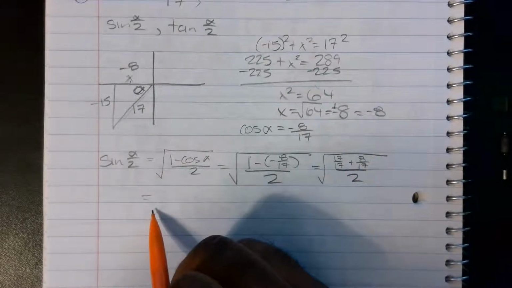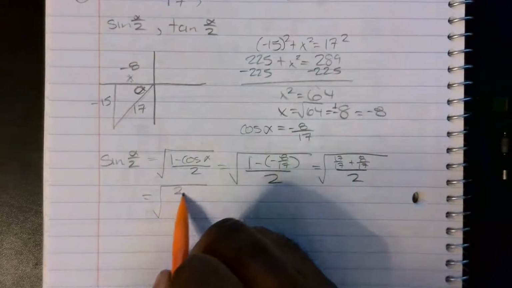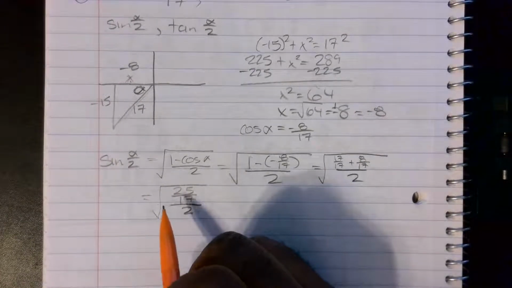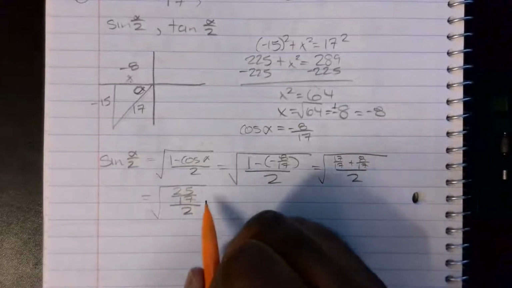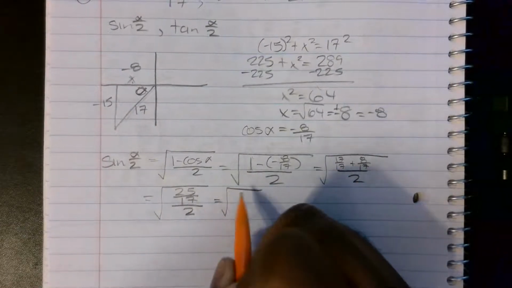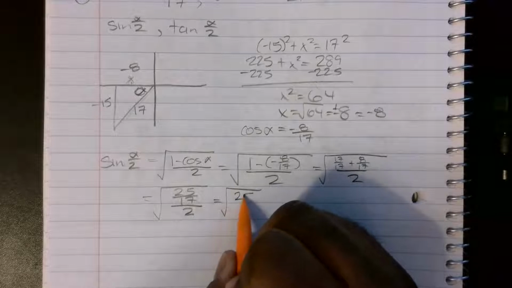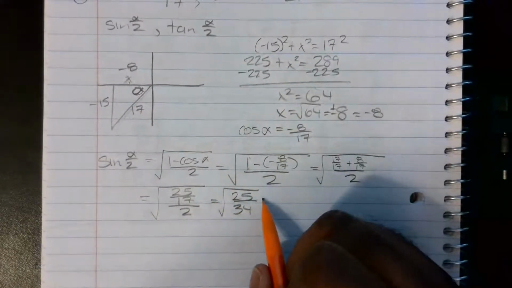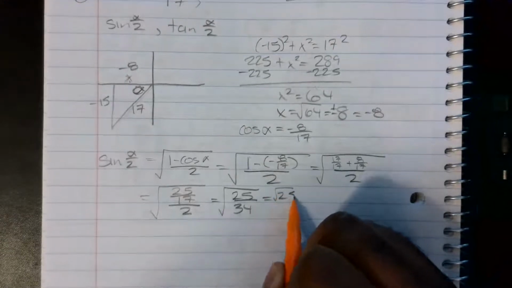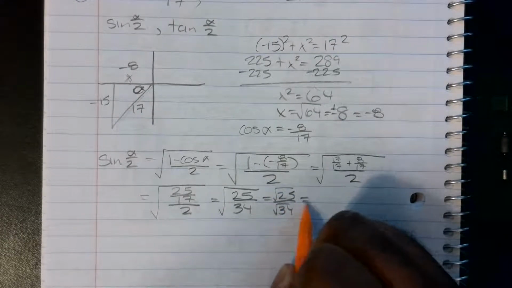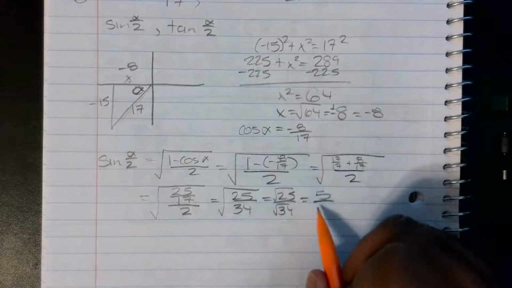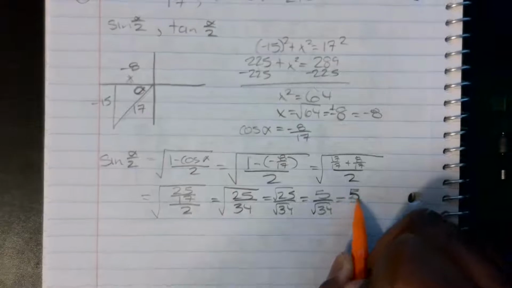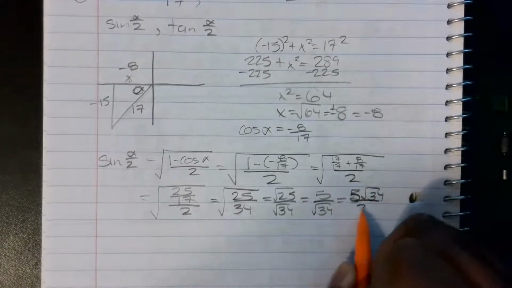That is equal to the square root of 25 over 17, which, with more algebra, I end up with the square root of 25 over 34, which is root 25 over root 34, which is 5 over root 34.